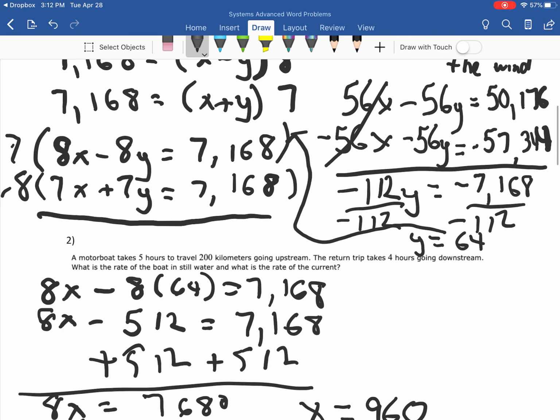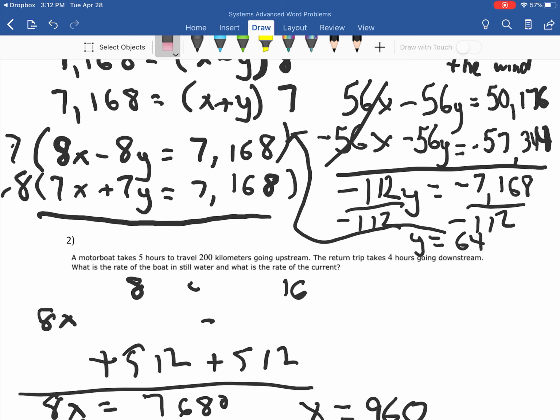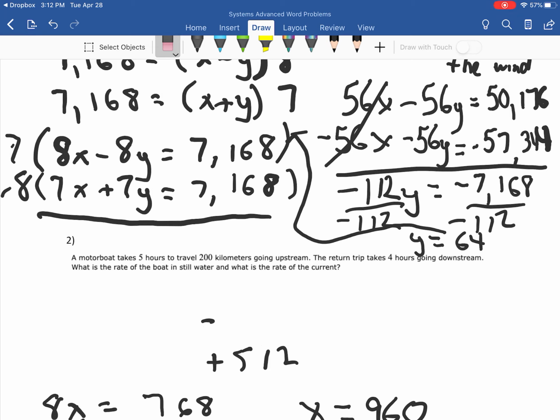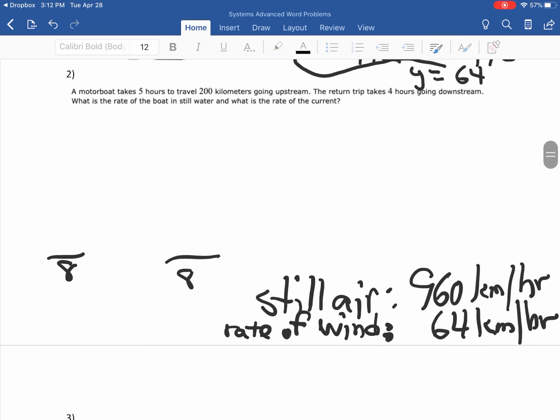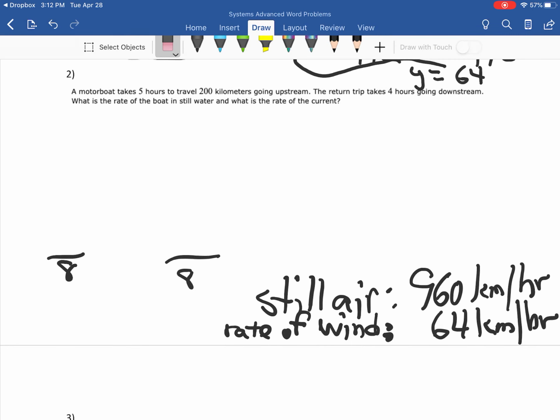Okay, so let's clean up the space in number 2 so we can start going over that one.